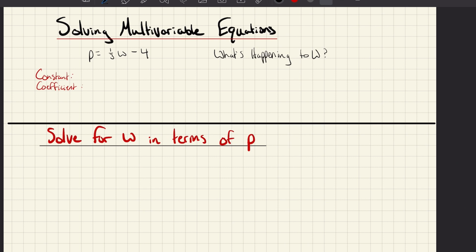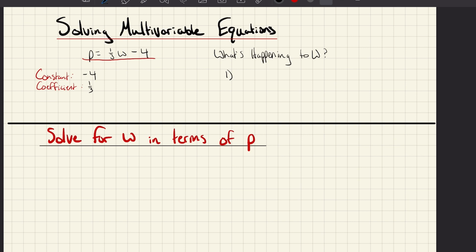So now if I want to solve another multivariable equation, I have that p is equal to 1/3 w minus 4. So if I take a look, my constant in this equation is -4, and the coefficient of my other variable is 1/3. Now I want to know what's happening to w. So the first thing happening to w is that it's being multiplied by 3, or by 1/3, my apologies.